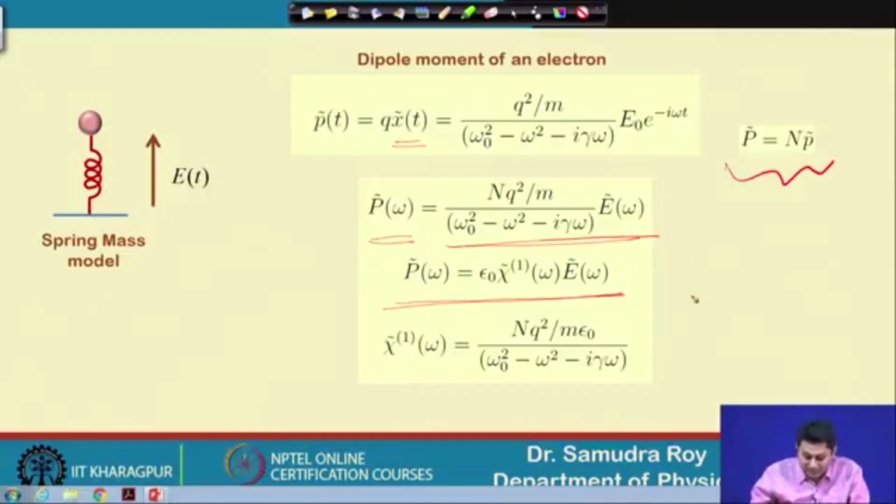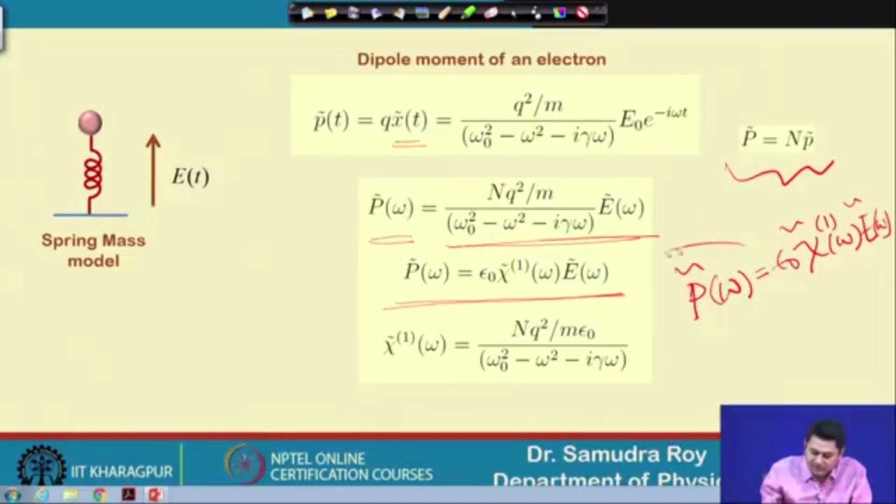We calculated in earlier classes that P of omega is equal to epsilon 0, multiplied by the susceptibility, which is again a function of omega, multiplied by E of omega. Exactly the same equation is used here, so that I have a relationship between P and E.